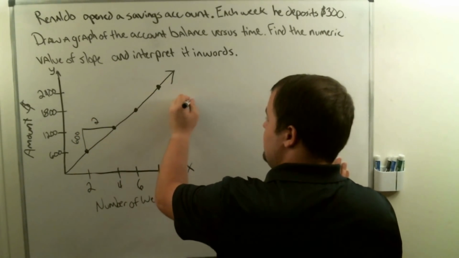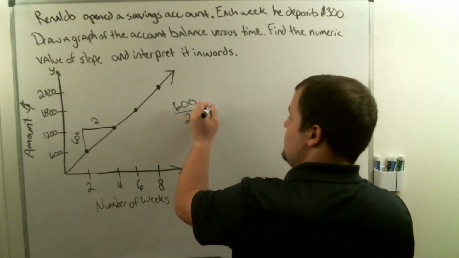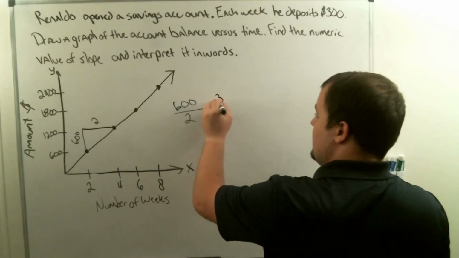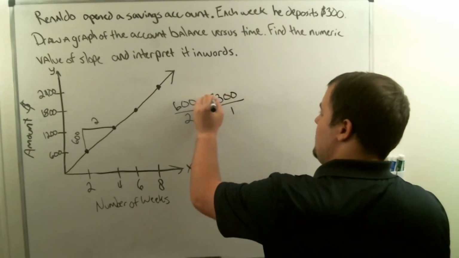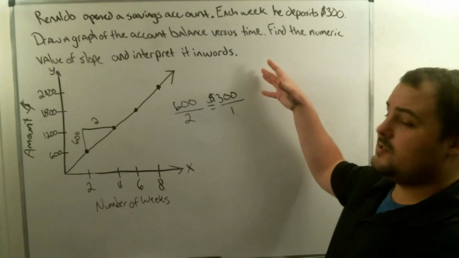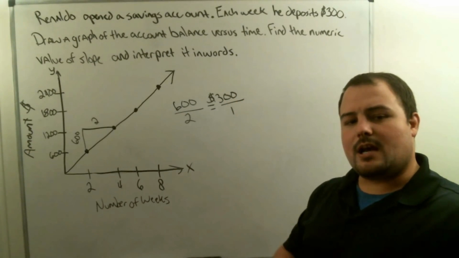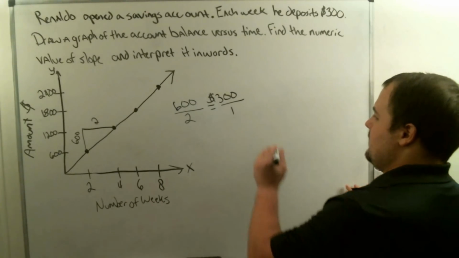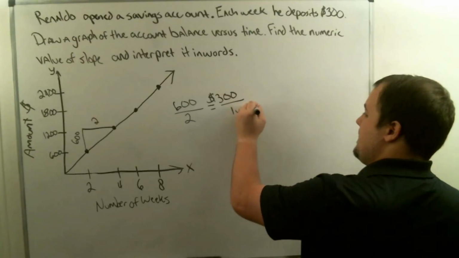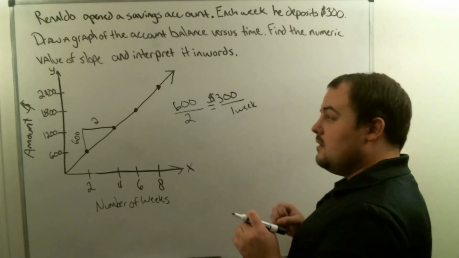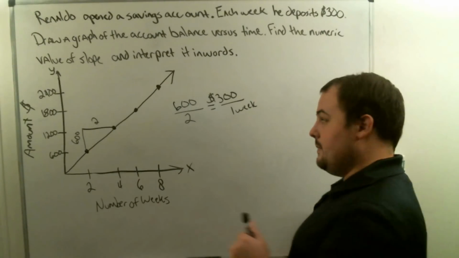So 600 divided by 2 is equal to, if I divide both of those by 2, I get 300 over 1. So what this is telling us is that our slope was actually given to us in the problem. His account balance is rising at a rate of $300 a week. So, in this problem, the slope of the line is the rate at which the account balance rises.